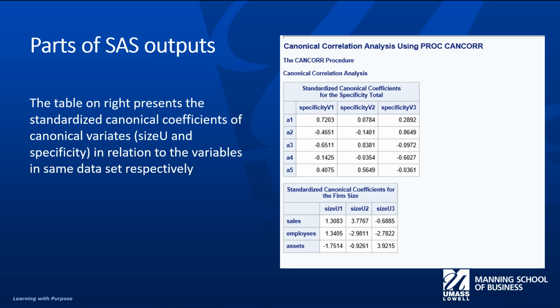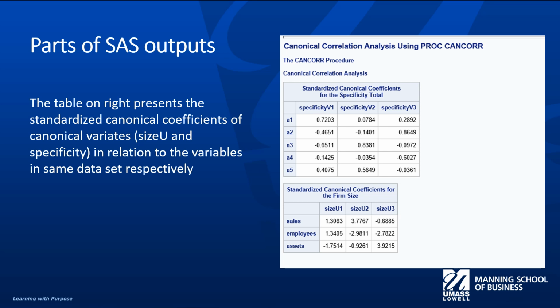From this table, we can see the standardized canonical coefficients of the two groups of variates. One group is the specificity V. They have different coefficients with the original 5 ratings of specificity.